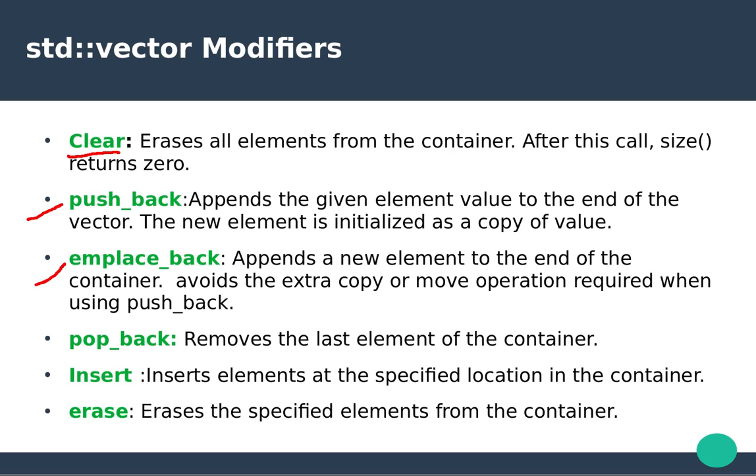Emplace_back is also used to add a new element to the end of the vector. The difference between push_back and emplace_back is that push_back, when it takes the object or value, will do a copy into the vector, while emplace_back will construct the object in place so that it avoids any copy or move operation required when using push_back.